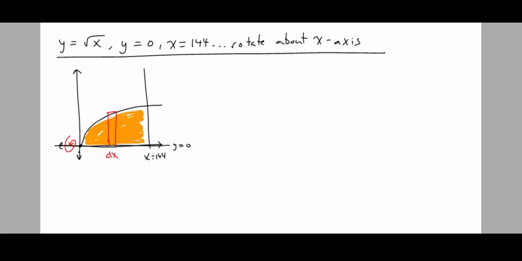If we look at it this way, you can see that I'm perpendicular to my axis of rotation. So to start with, I would want to look at the disc washer method. In this particular case, I'm spinning this around the axis and touching my axis of rotation, so this would be my disc method. Not a washer, but my disc method.